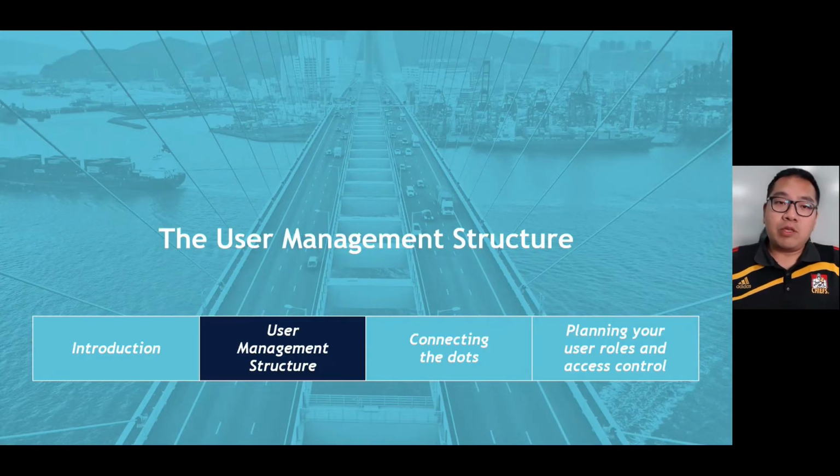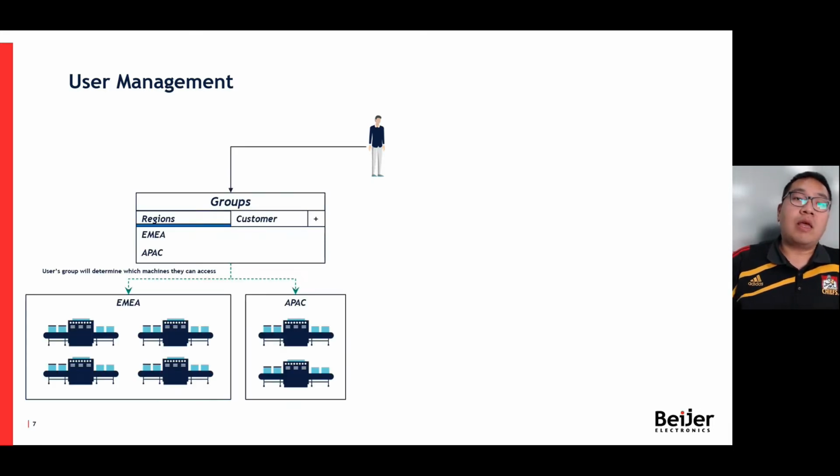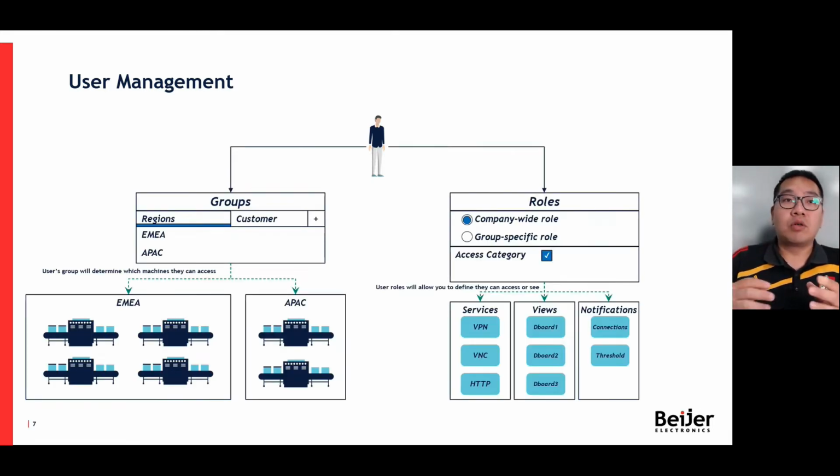The user management structure. The user management actually breaks into two different sides: we have the groups, and then we have the roles as well. Whenever you create a new user, you need to select whether it's a company-wide user or a group-wide user.